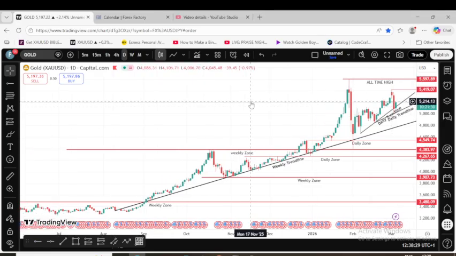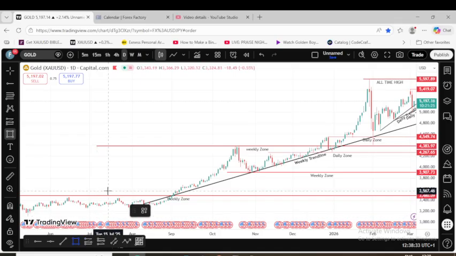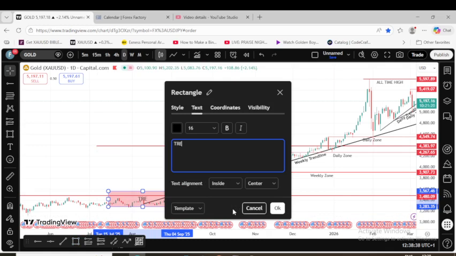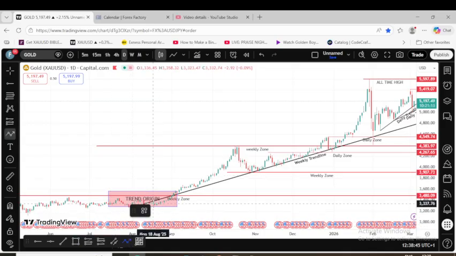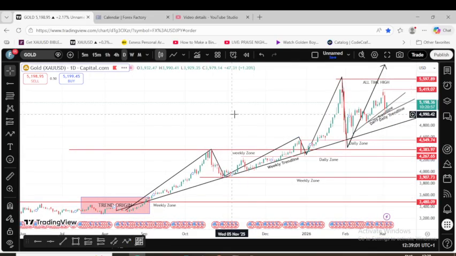Okay, so the next thing I'm going to do is to identify our trend origin, which is around here. This is our trend origin. And then we'll identify our swing highs and our swing lows. So we have impulsive move, correctional move, impulsive move, correctional move, impulsive move, correctional move. So this seems to be following a new impulsive. Right now, it seems that we're in the middle of a new impulsive move.